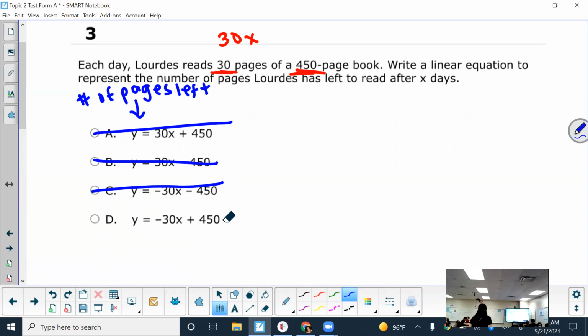So that's why it should be represented like this. You need to memorize how this looks, because again, it's not multiple choice tomorrow. Whatever it's talking about, your slope should be negative and your y-intercept should be positive.